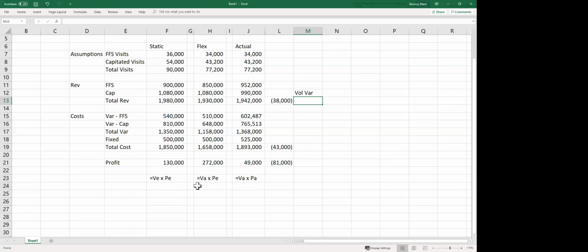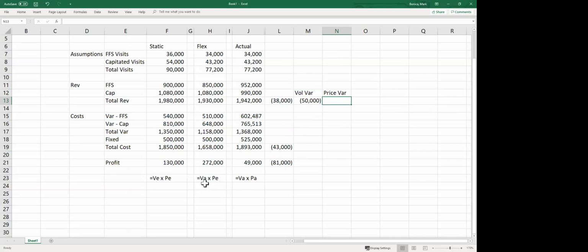So we're varying the volume here and holding price constant. So we simply take the flex revenue minus the static revenue, and that gives us our volume variance. And then our price variance is the two columns that allow us to vary price.